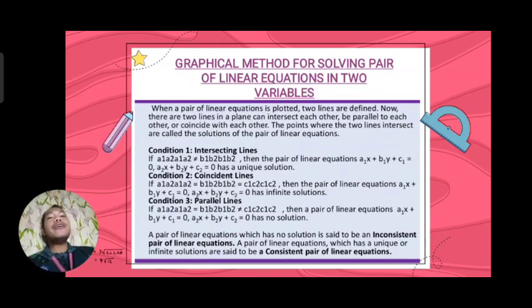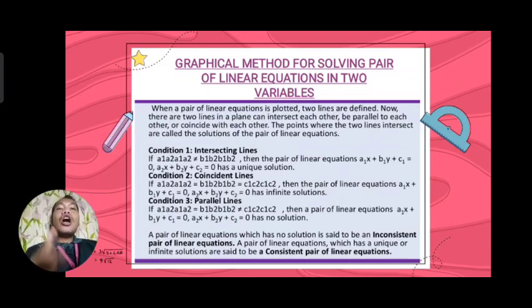So meaning to say, if the two lines coincide, there are infinitely many solutions. Marami siyang solution, there are a lot of solutions to the linear equations.